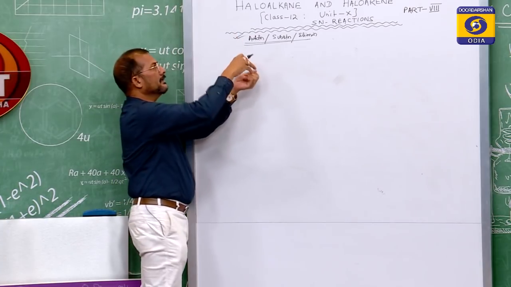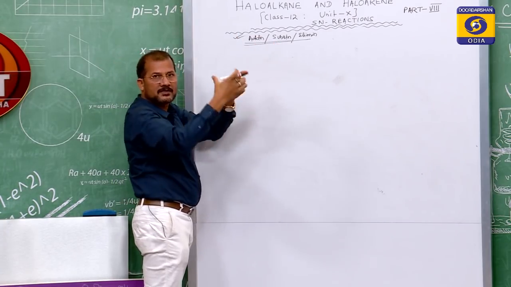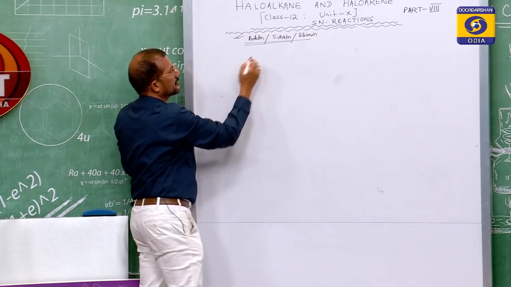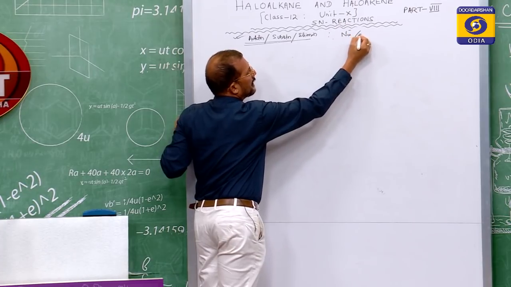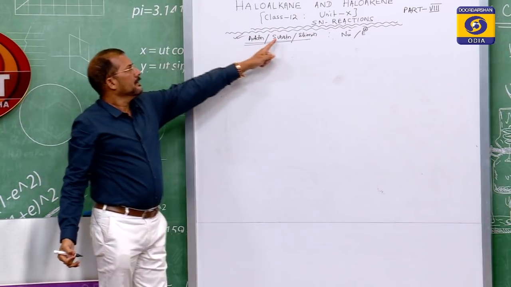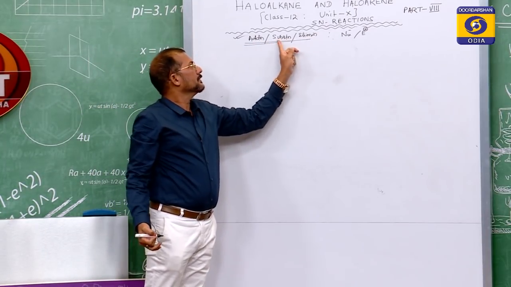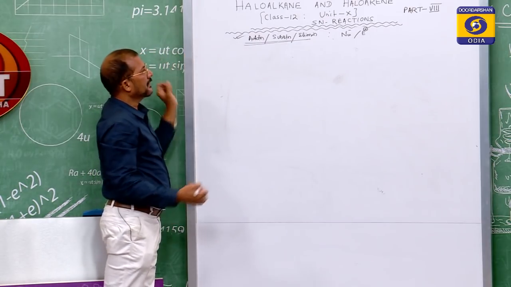Some species is added, addition reactions, in-out type of reaction, substitution reaction. One species is eliminated, elimination reactions. Another very important fundamental you have to remember, what are nucleophiles and what are electrophiles. The reaction where nucleophile is substituted is called nucleophilic substitution, and we are reading those reactions of alkyl halide.